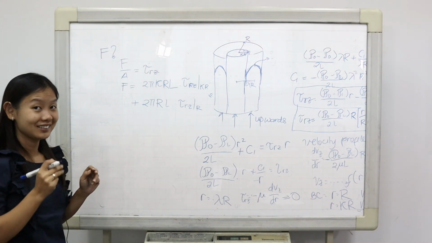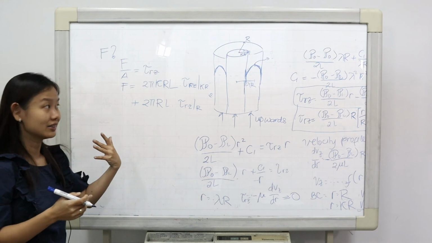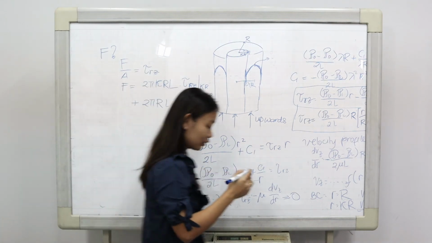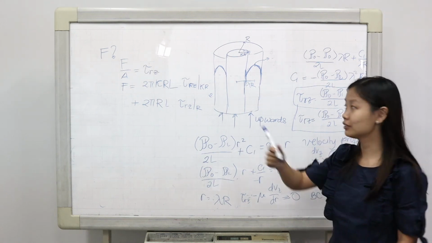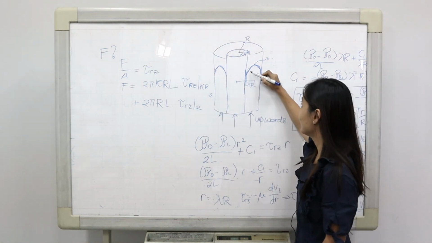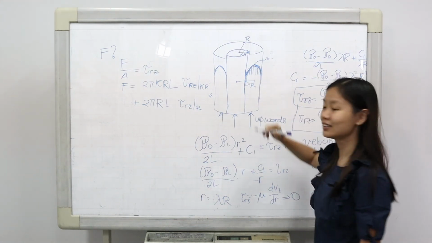Now, this is the difference between this case and yesterday's case. We know that the value of tau, the value of the shear force, depends on the velocity gradient.